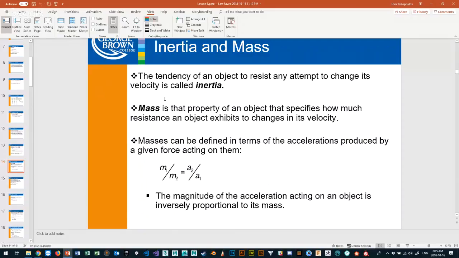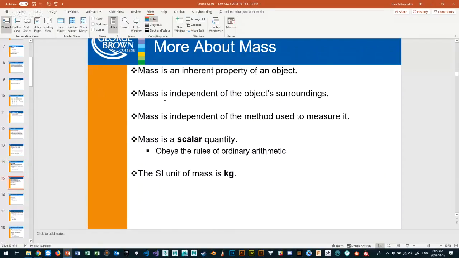But there's a difference between mass and weight. Mass is to do with molecules and stuff, density, where weight is an effect of mass in a specific gravity. So again, mass is a scalar, right, as an example. So it's not something that has direction. It has magnitude, but no direction. So that's the one thing.